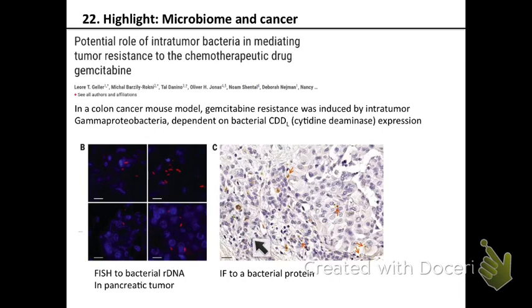And here's another type of assay in which they are trying to see if this bacteria is present in the samples. So they're doing an immunofluorescence to a bacterial protein. This antibody only binds to this bacterial protein, and you can see the presence of this bacterial protein in this histological sample shown with these arrows, right?